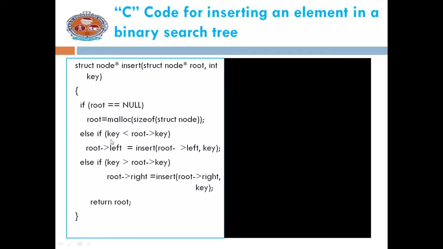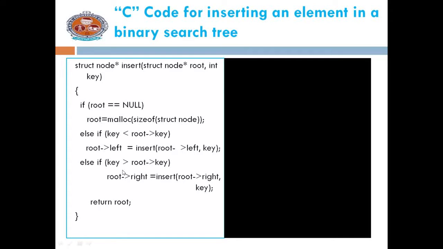If not, if you go to the else if block, that means the tree already exists. Else if key is less than root arrow of data, that means the newly inserted data is less than root arrow of data, which indicates that we have to traverse towards the left. So root arrow of left equals insert root arrow of left comma key, that means we are traversing towards the left.